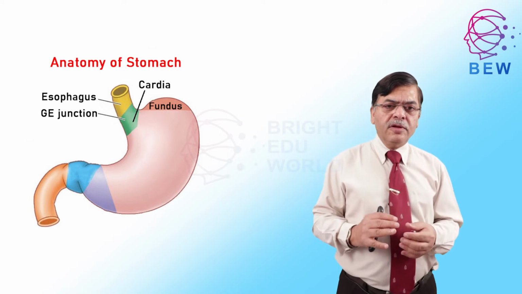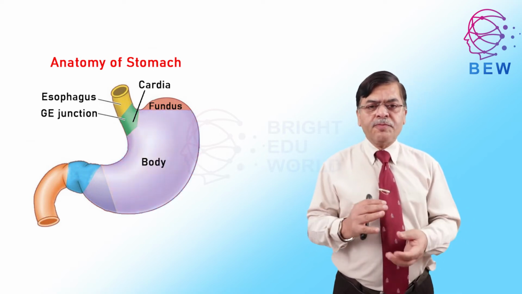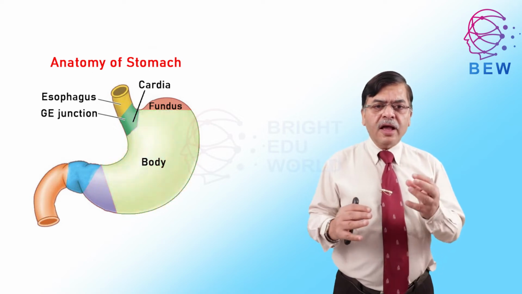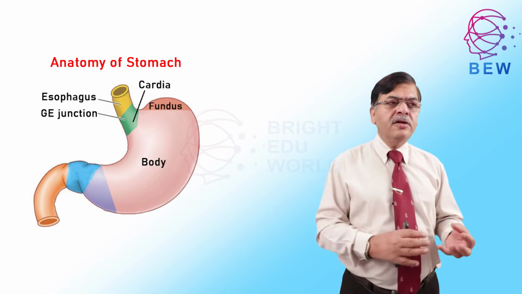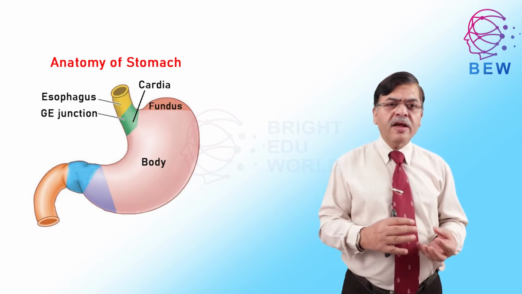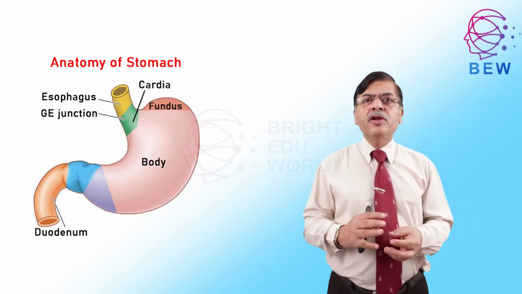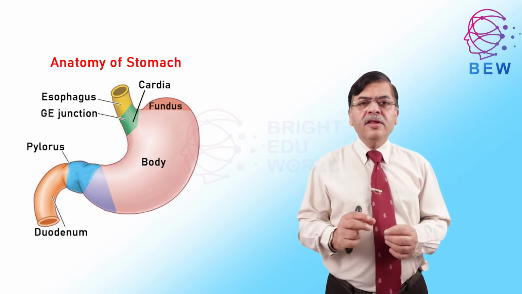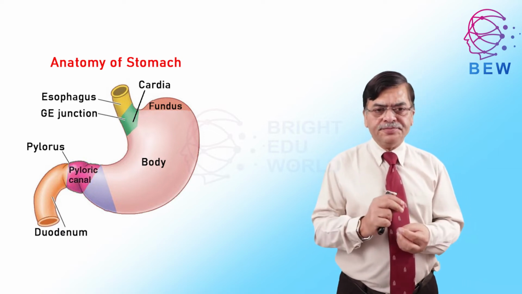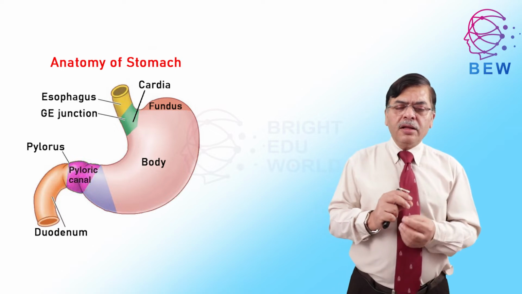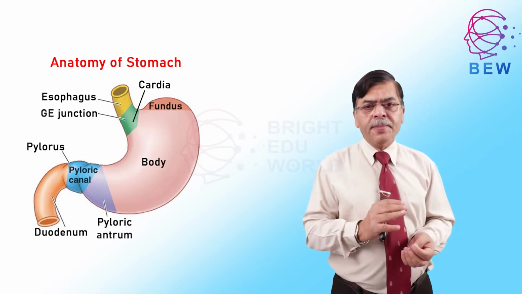Rest of the main body of the stomach is called body or corpus, and as it goes below and turns towards the right side and joins the duodenum, that junction area with the duodenum is called pylorus. There is a slight narrowing that is called pyloric channel, and the area of the stomach next to that is called antrum.